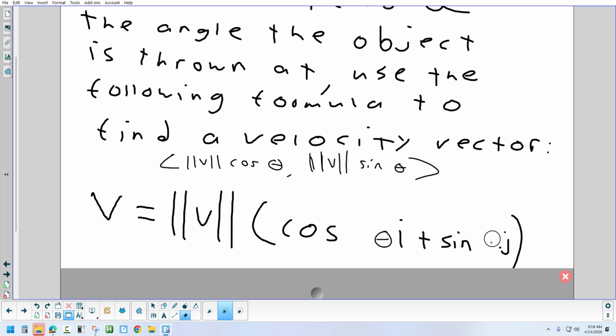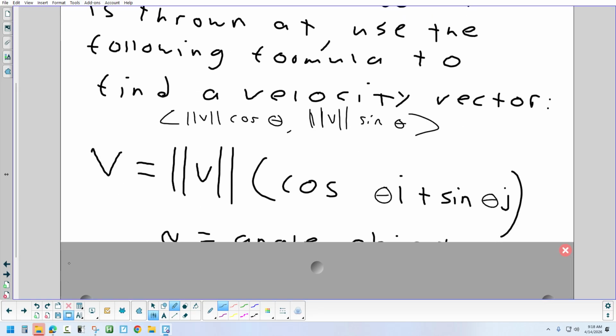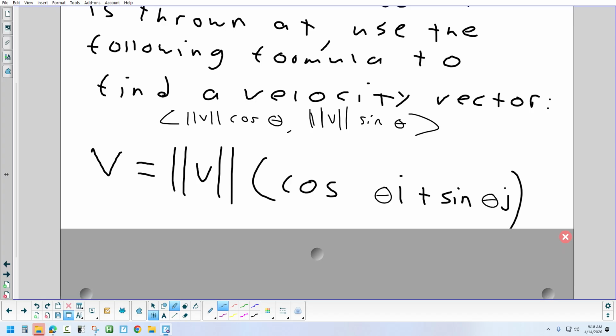I had used a different Greek letter, but that's just a placeholder. So when you write it with the unit vector, you could actually factor out the v, or you could leave it distributed.